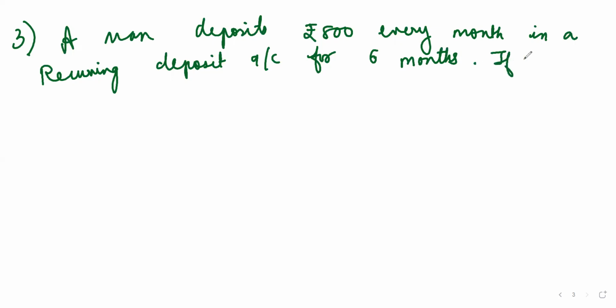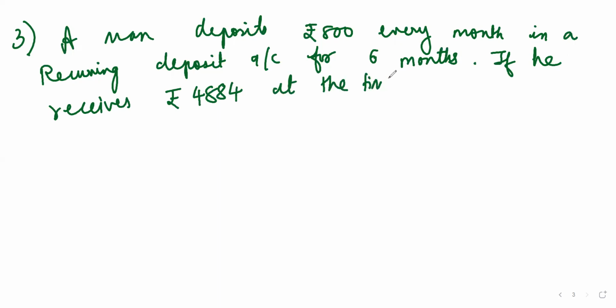So now it's saying if he receives rupees 4,884 at the time of maturity, find the interest he earns. It's quite simple.